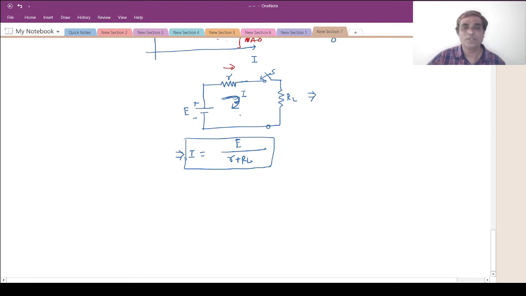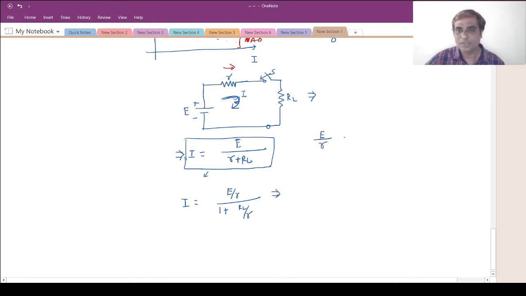Now let us apply some sophisticated mathematics here for convenience. Let me divide the numerator and denominator by small r, so it becomes E by R divided by 1 plus RL upon R. And if you look at this carefully, what is my E by R?